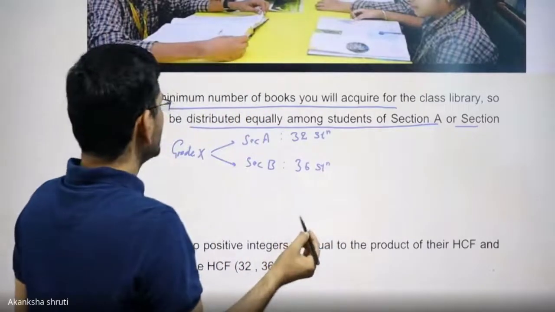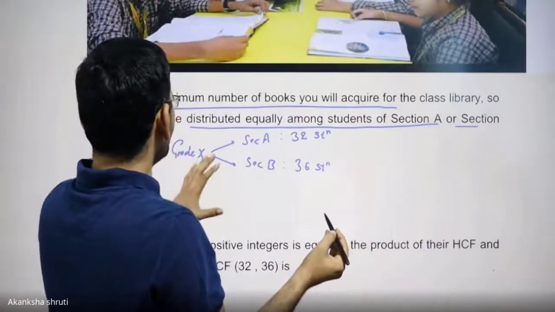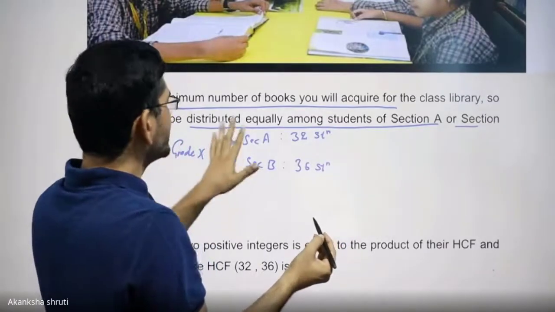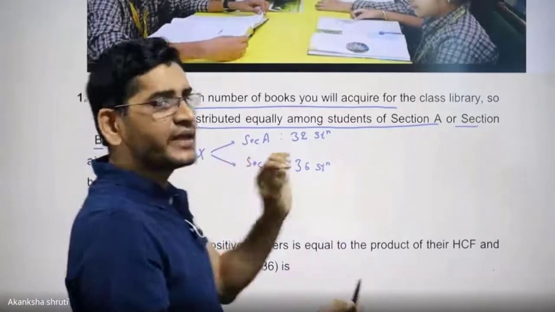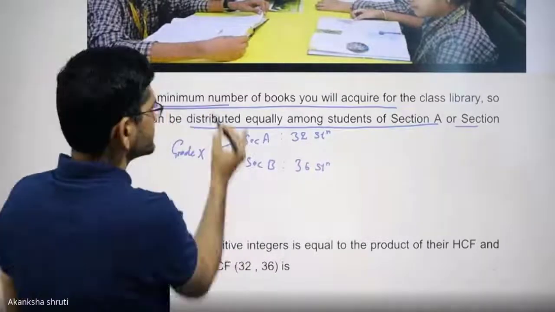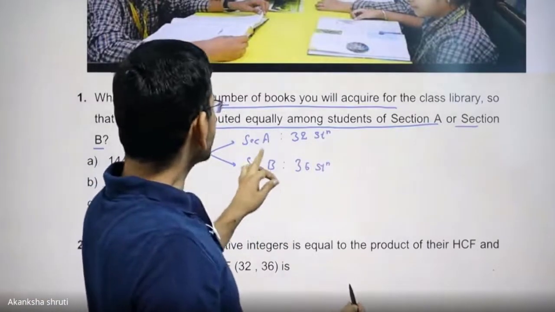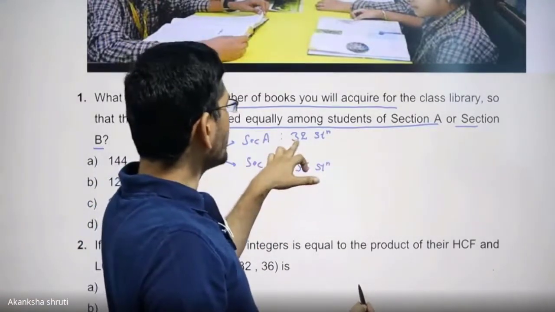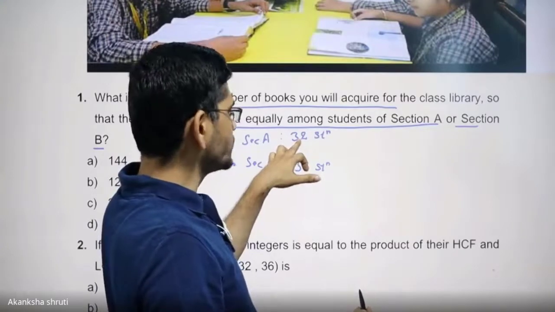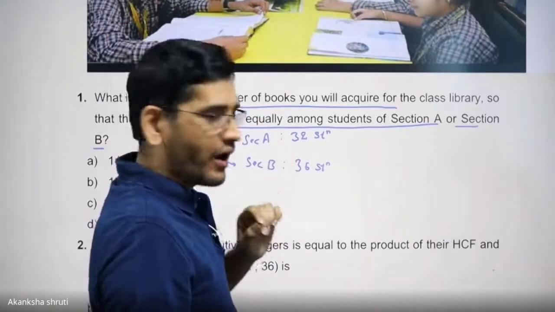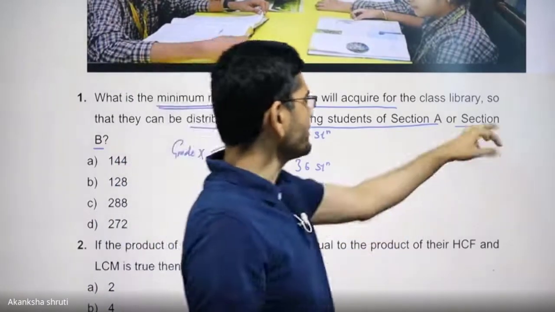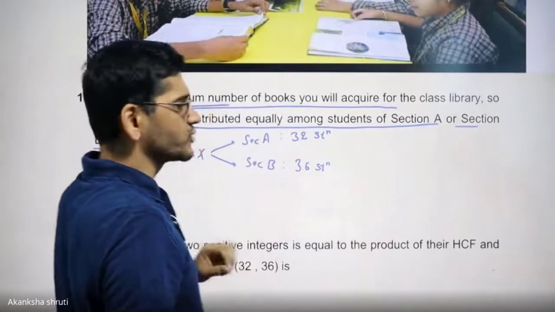Now in the library for this grade X, we have to find the minimum number of books so that it can be distributed equally among these 32 students or also among these 36 students.